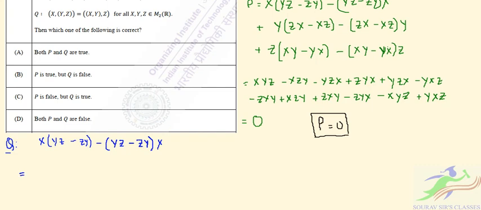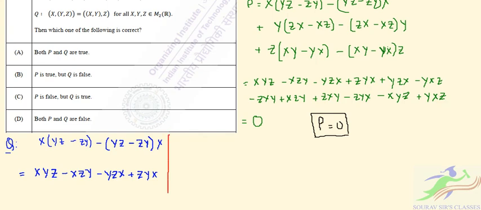We can write it this way also: xyz minus xzy minus yzx plus zyx. This is the left hand side.